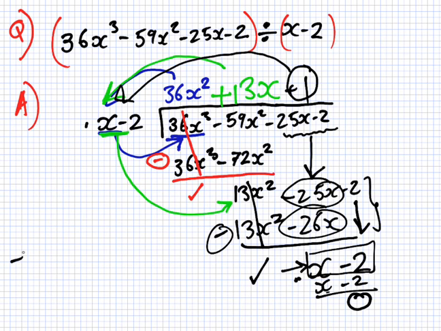It's like this: it's minus 59 minus 72, because there's a minus here. Okay, I'll do another example. Can I go down?